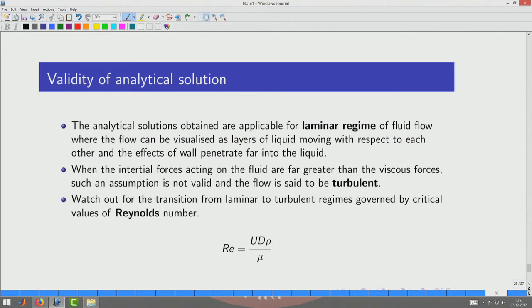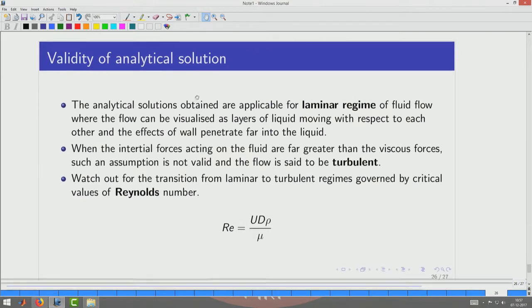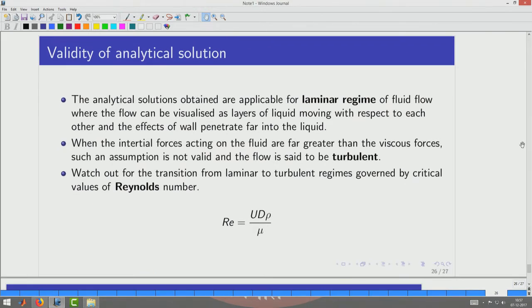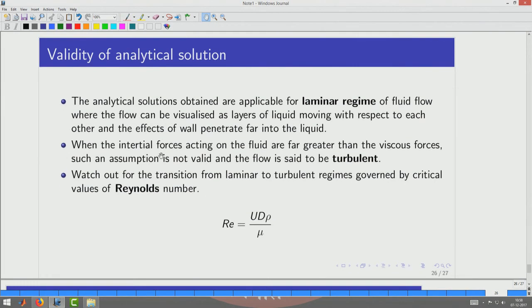Okay. So, finally, whenever we get the solution in the form of a functional form, what we are expected to do is validate whether the solution is valid under the Reynolds number that is given for that situation or not. So, we look at this Reynolds number, and generally for a given problem, it has to be below some critical number. Okay.